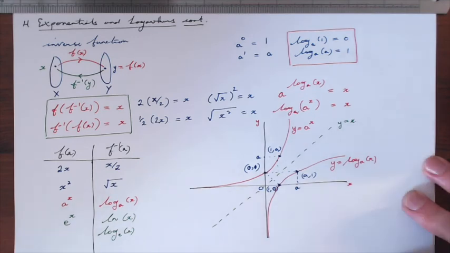In the next tutorial, we're going to be talking about the laws of logarithms, or the rules of manipulating logarithms. And what you'll see from those is that logarithms are incredibly useful in simplifying complicated arithmetic.